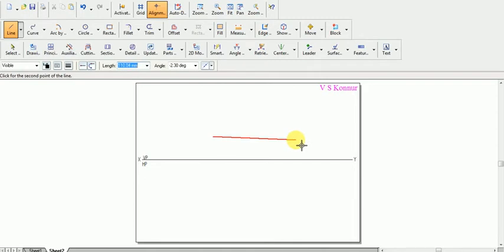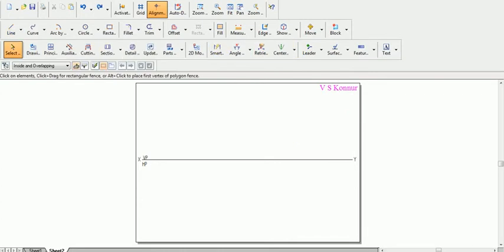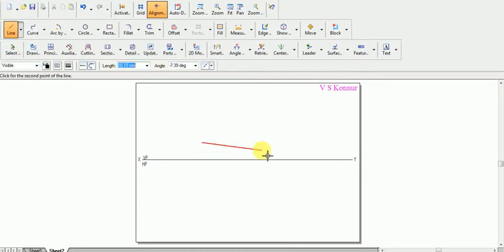The distance is 30 mm and the angle is 0. Next, distance is 30, angle is 0.